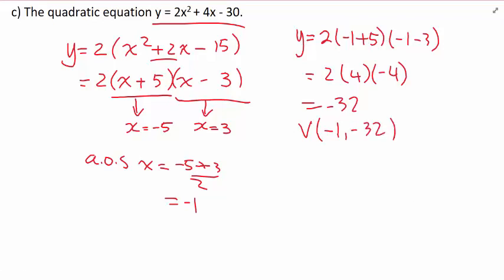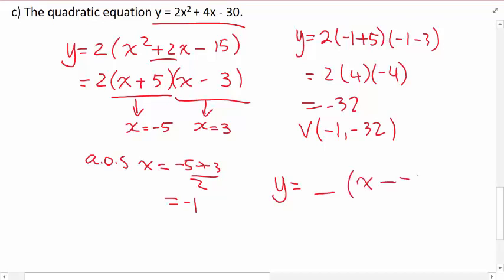Okay? So now I can write this in vertex form. Here we go. y is equal to a(x + 1)² - 32. And yesterday I told you what the a value was.